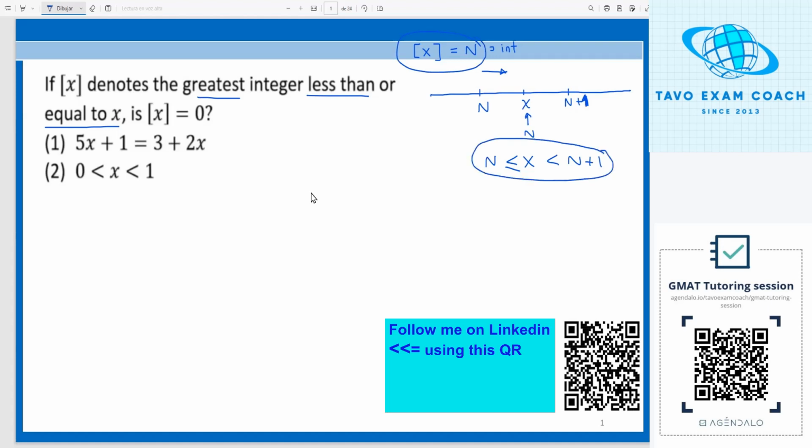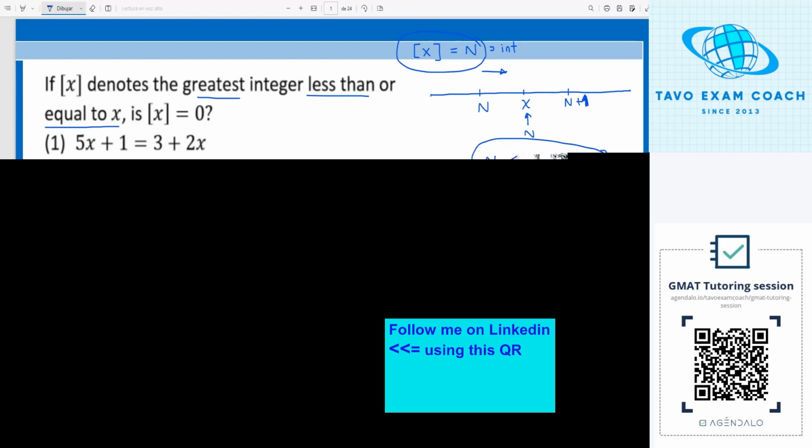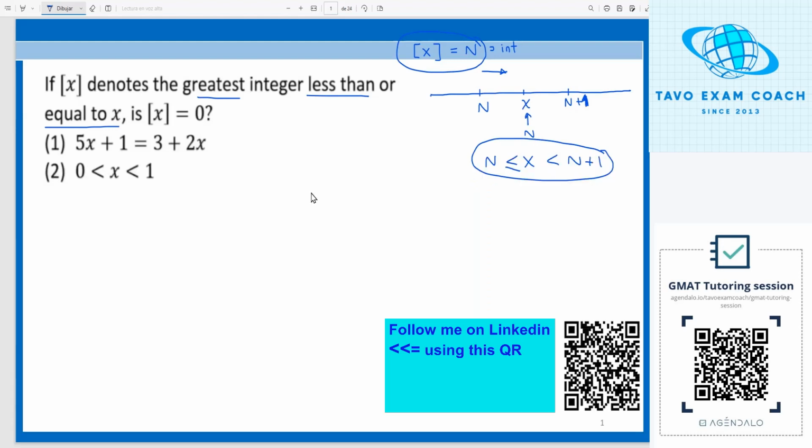Well, if this is true, then let's reformulate the question. The question says, is the square brackets of x equal to 0? This is exactly the same as asking whether x is a number between 0 and 0 plus 1. In other words, is x greater than or equal to 0 and less than 1? That is the true question we need to respond to.